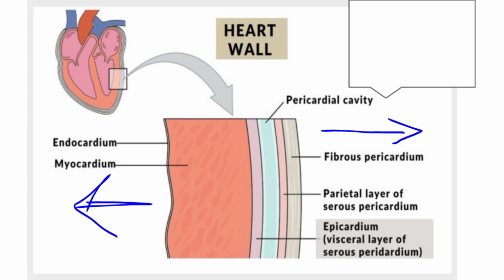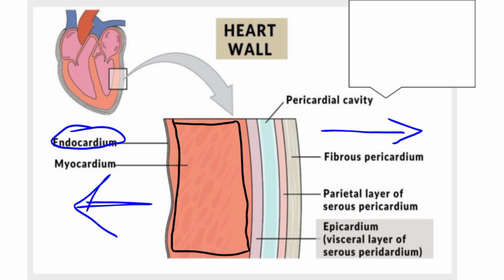On the innermost part, the first thing you will see is the endocardium, which comes in contact with the blood in the heart. Then the myocardium, which occupies the bulk of the heart muscle. You can see it's a very large area. Then directly after the myocardium, you will see the epicardium.